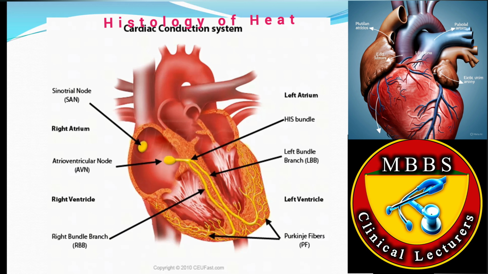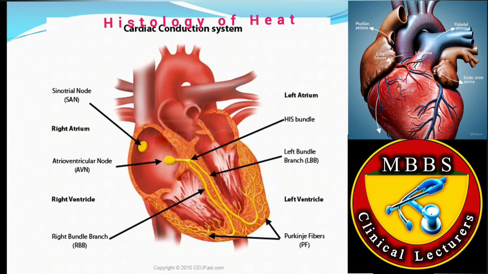Up to some distance, the node has a single thick fibrous band called the bundle of His. Then in the thick interventricular wall, the bundle of His bifurcates into two branches. On the left side it is called the left bundle branch, and on the right side the right bundle branch.